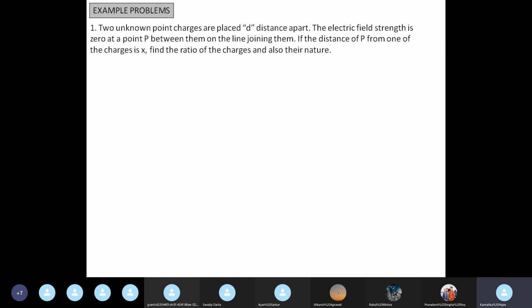You just need to draw the figure first. So we have two charges, say Q1 and Q2, d distance apart, and we have a point P between them. We don't know where it is. Distance of P from one of the charges is x. So let us suppose its distance from Q1 is x, and therefore its distance from Q2 is d minus x.